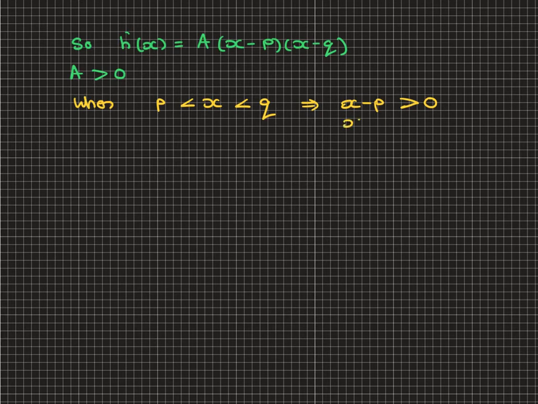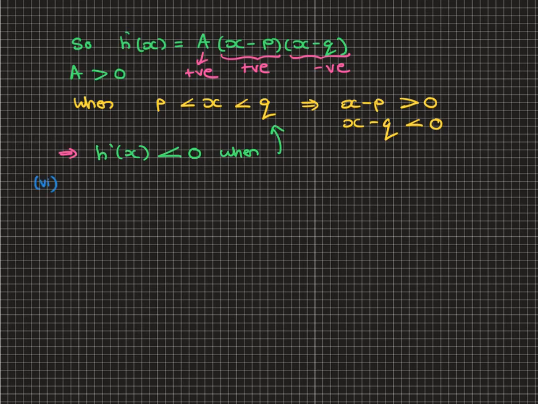But we also know then that x minus q must be negative. So in our derivative formula, this bracket is positive, this bracket must be negative, and we know that a is positive. So the derivative is a product of two positives and one negative, which implies that h dash x must be less than 0, specifically when x lies between p and q.